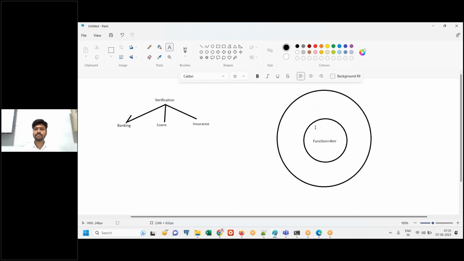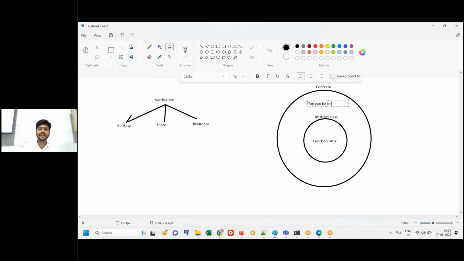So this is an abstract class, and this one is a concrete class. Both will have functionalities plus attributes. But here, transaction can be initiated, and that is not applicable inside. Correct? I'm just drawing it.